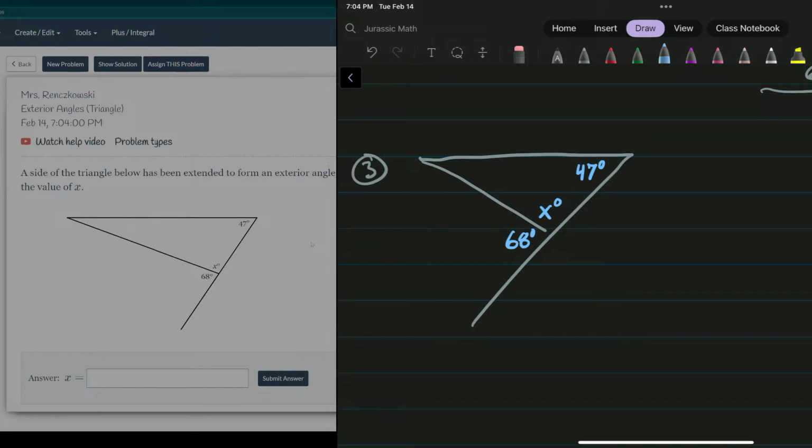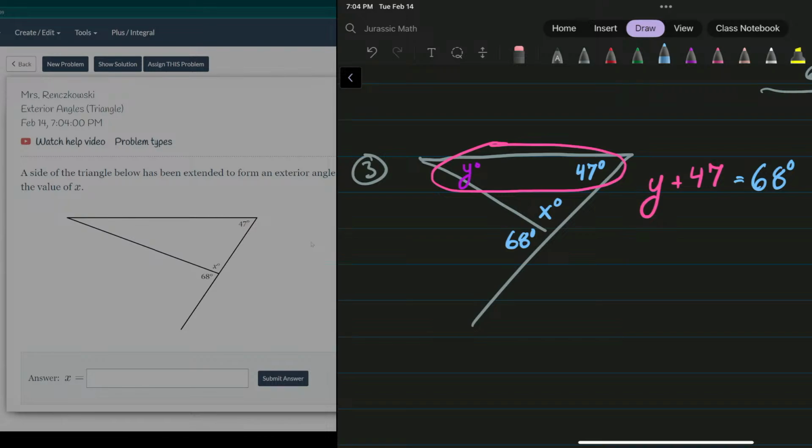What they are implying for us to do first is to find the letter y over in the corner. If you remember from class, we said that if you take the two things in pink, y plus 47, it's going to equal 68.